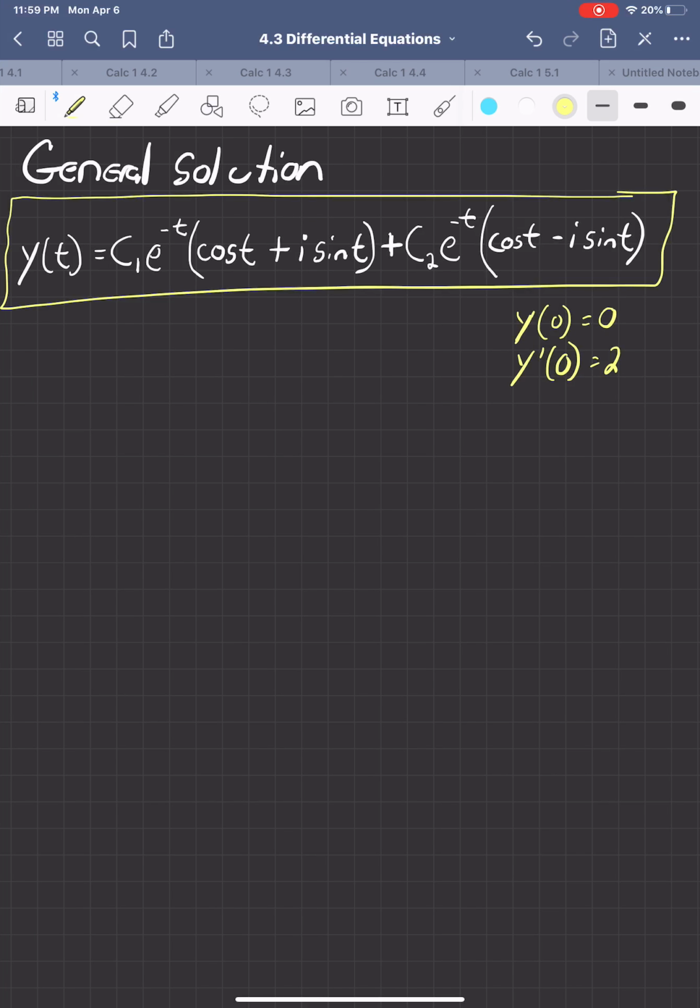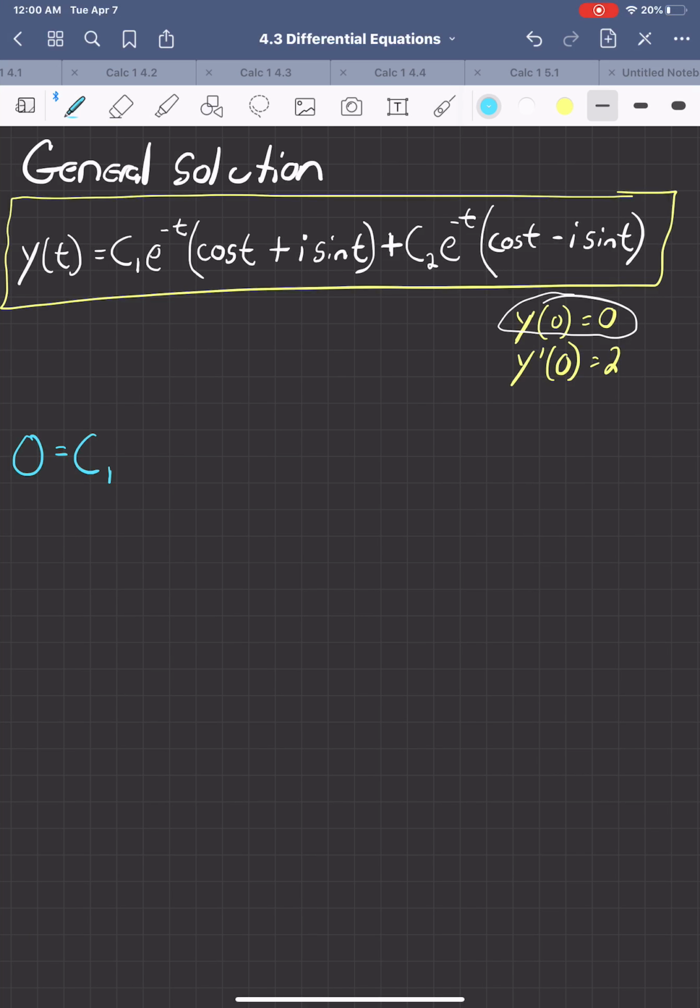So we'll start with y of 0 is equal to 0. What's going to happen right now is I'm plugging 0 in for t, and I'm setting the equation equal to 0. So that ends up being 0 is equal to c sub 1.